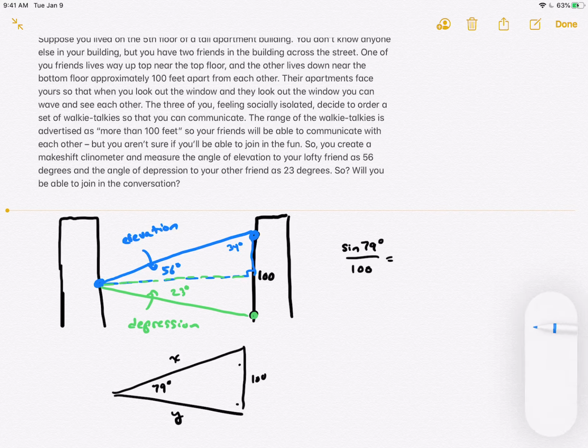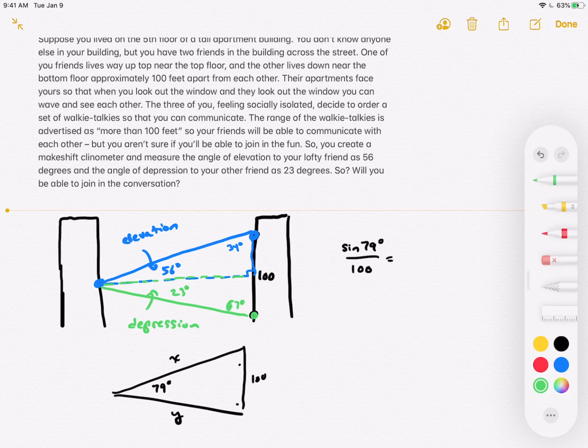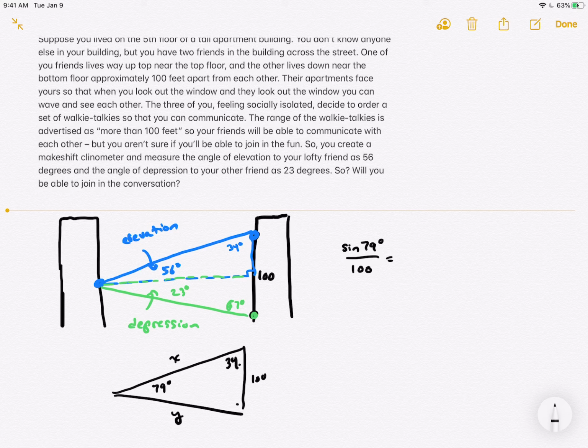Meanwhile, down in the green triangle, I had a 57-degree angle. 57 and 23 only makes 80. That makes that a 67-degree angle. So if I now go back to this picture here, I can say that this is 34 degrees and this is 67 degrees. And I actually do now have enough information to solve for x and y.